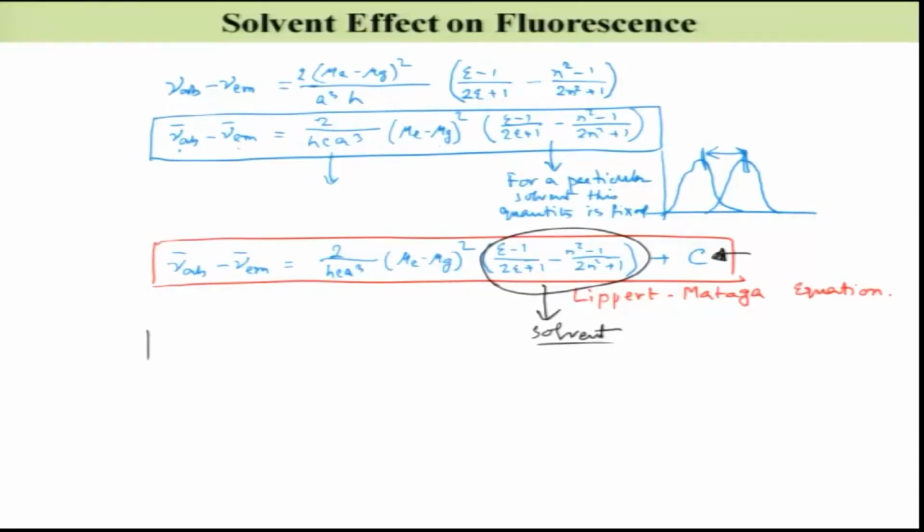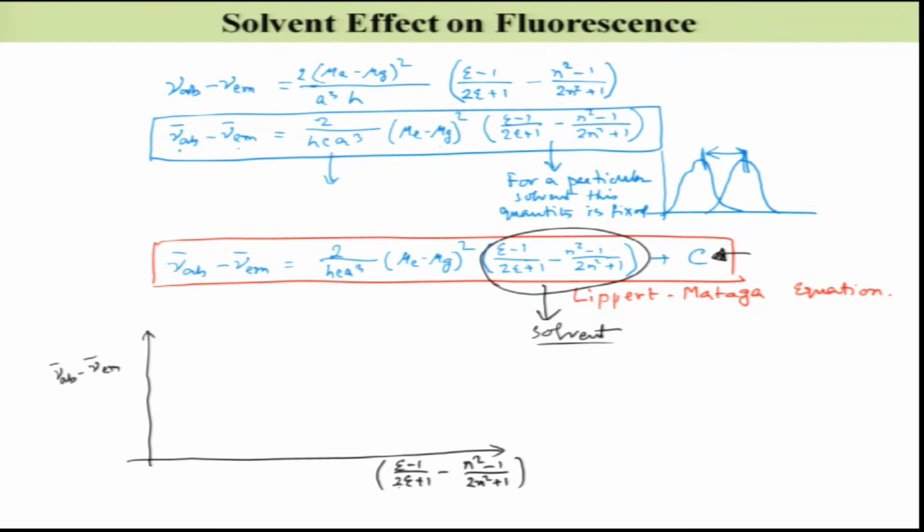Then I take the difference, nu bar absorption minus nu bar emission, and I can simply plot it versus the solvent function, epsilon minus 1 by twice epsilon plus 1 minus n square minus 1 by twice n square plus 1.